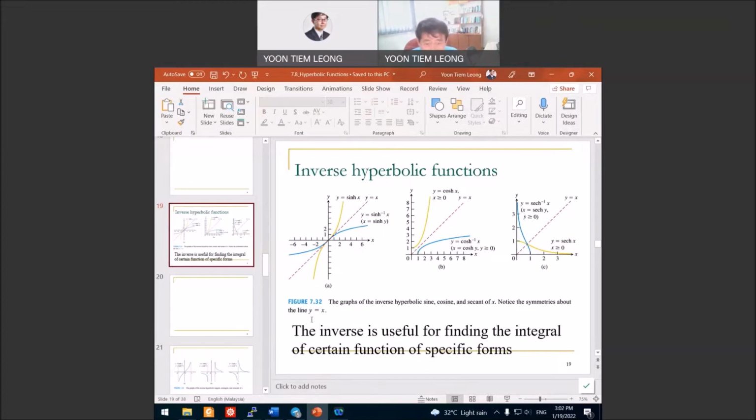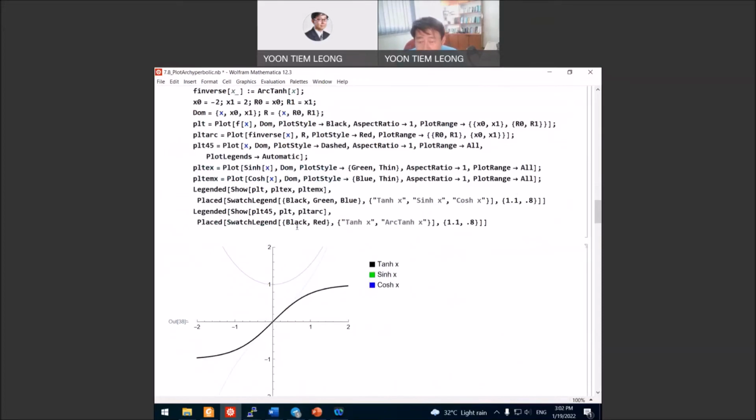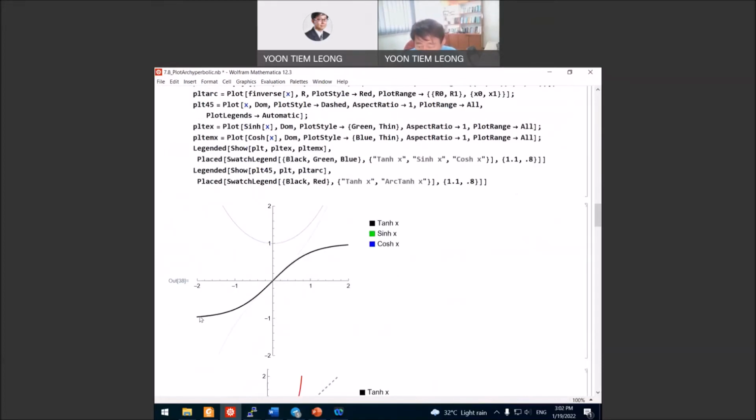Then after you have constructed the inverse of the hyperbolic sine and the inverse of the hyperbolic cosh, let's see how you construct the hyperbolic tangent and its inverse. So first of all, you recall how your hyperbolic tangent function looks. This is the graph for the hyperbolic tangent function, tanh.